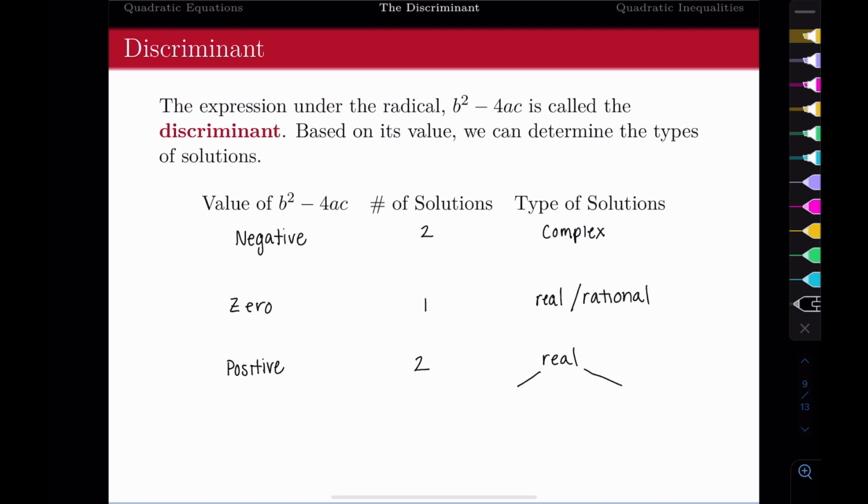They're definitely real. They're going to be rational if b squared minus 4ac is a perfect square. So this way the square root would disappear. They're going to be irrational if b squared minus 4ac is not a perfect square.